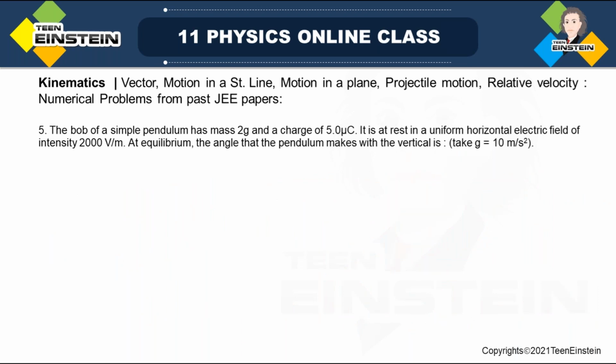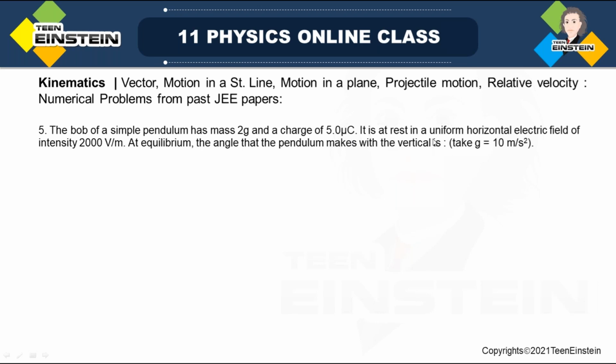Now I have another interesting problem. This problem states that a bob of a simple pendulum has mass 2 gram and a charge 5.0 microcoulomb.